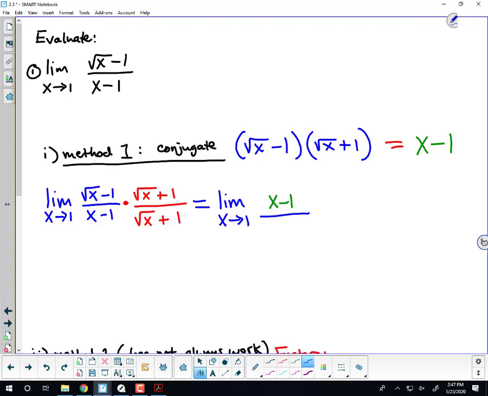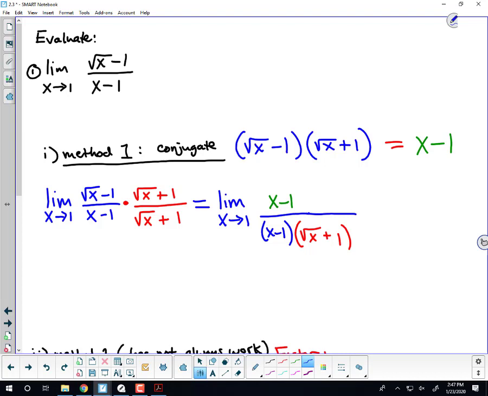Okay. So we're just going to leave this factor of x minus 1 times the square root of x plus 1 on the bottom as it is. That way we can clearly see what cancels and what's left over. If we were to multiply the x minus 1 through the square root of x plus 1, then you've got 4 different terms, and it's super unclear where that x minus 1 actually is.